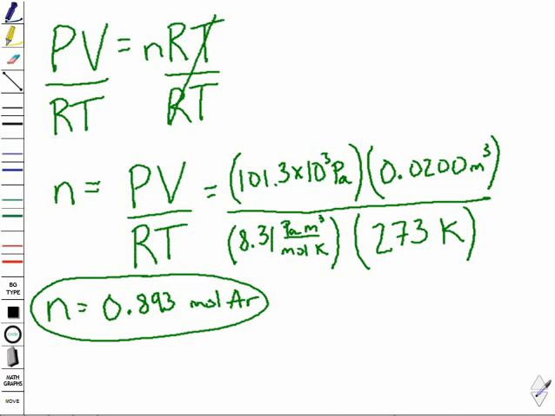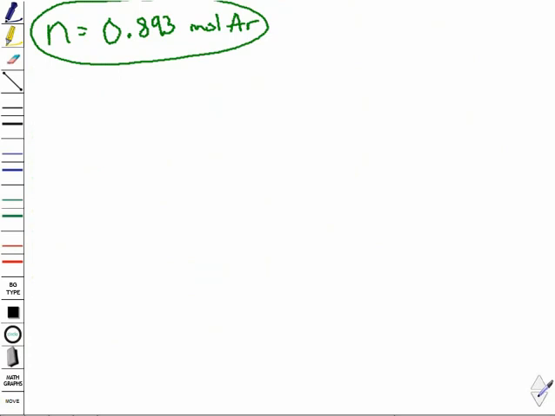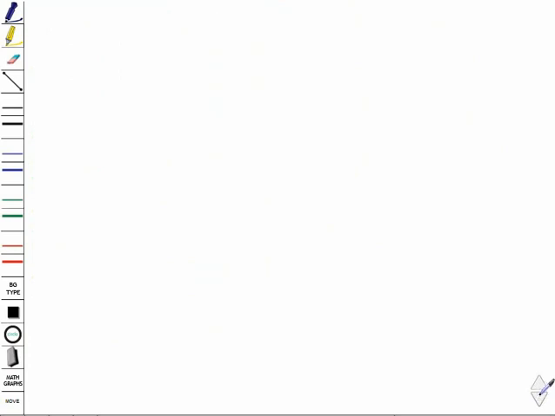And last but not least, we are going to calculate the mass of our argon sample. And the expression we will use for that is m is equal to capital M times N. The lowercase m stands for the mass, the capital M represents the molar mass, and the N is the number of moles. To calculate this mass, we are going to plug in some known values.